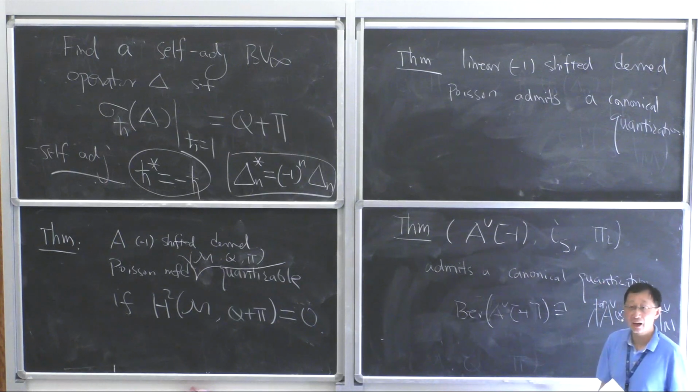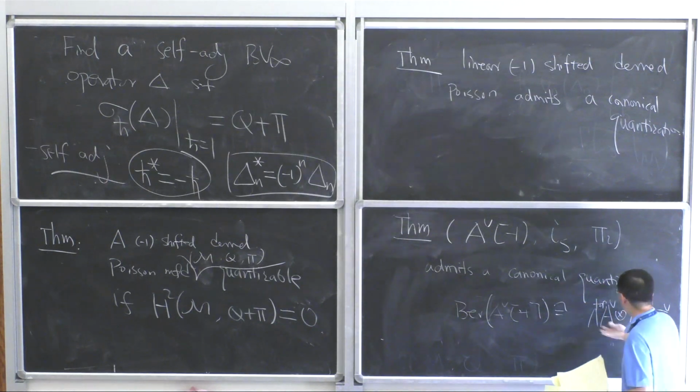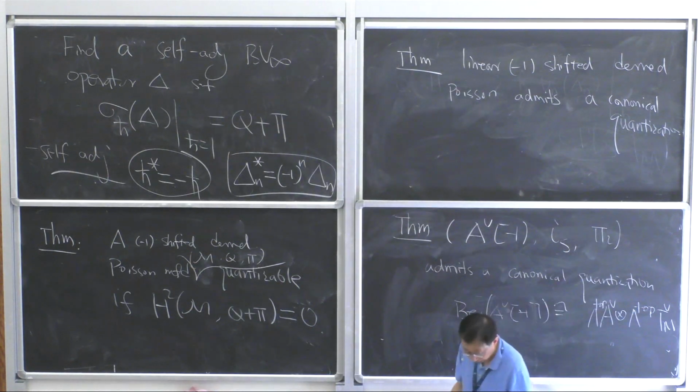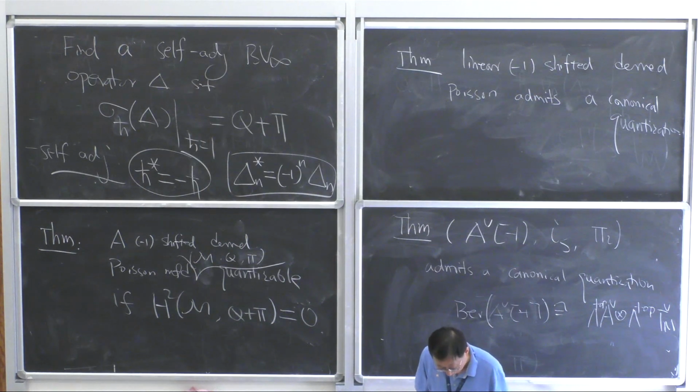That's the Berezinian half density. So you can write down canonically a quantization using, I don't have time, the so-called Lu-Weinstein absolute one-sum module for the algebroid. Let me just finish.